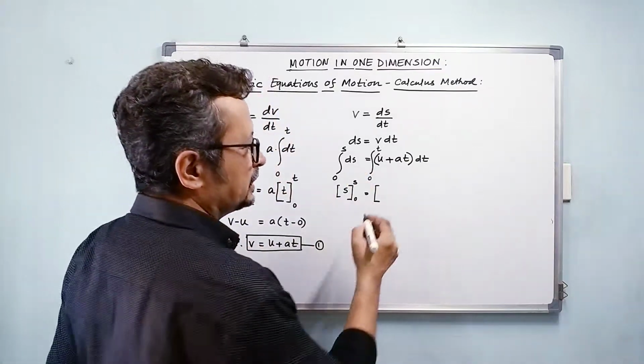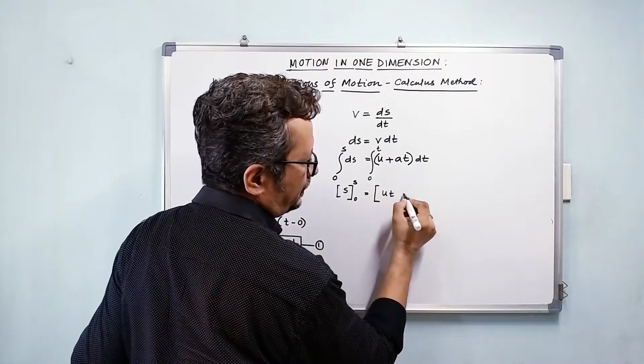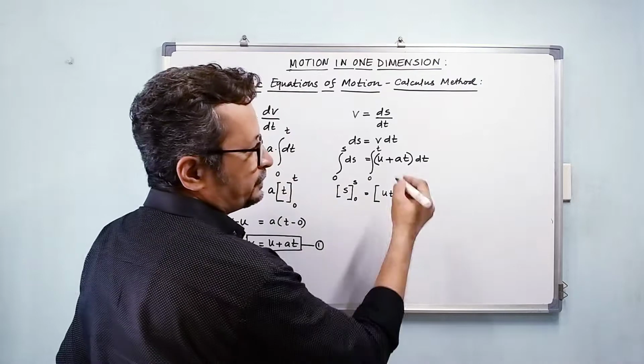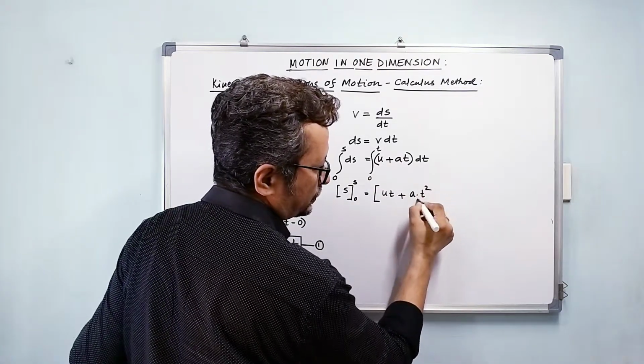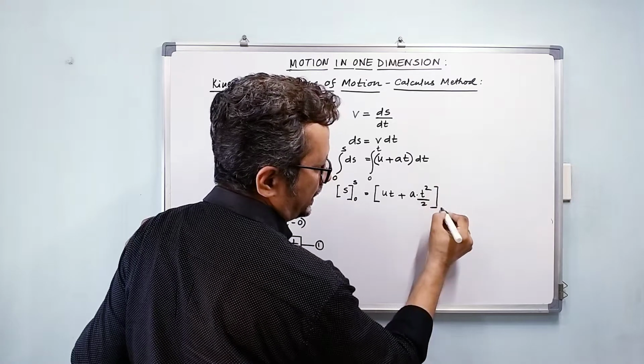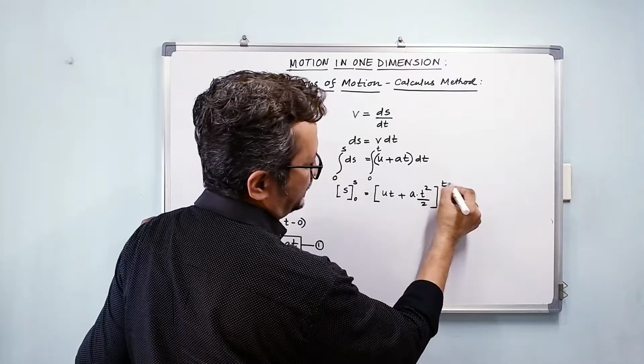Here t is the variable, so the integration of u gives ut, and for at it is a into t square by 2, from 0 to t.